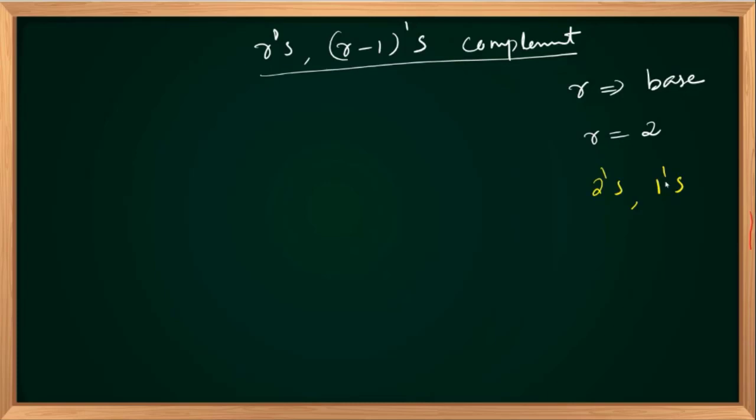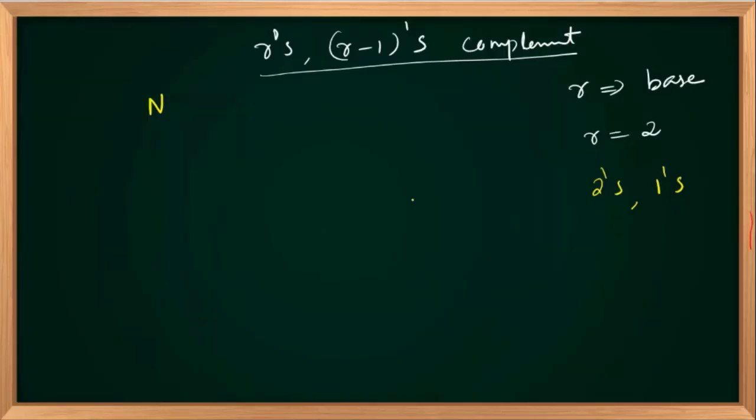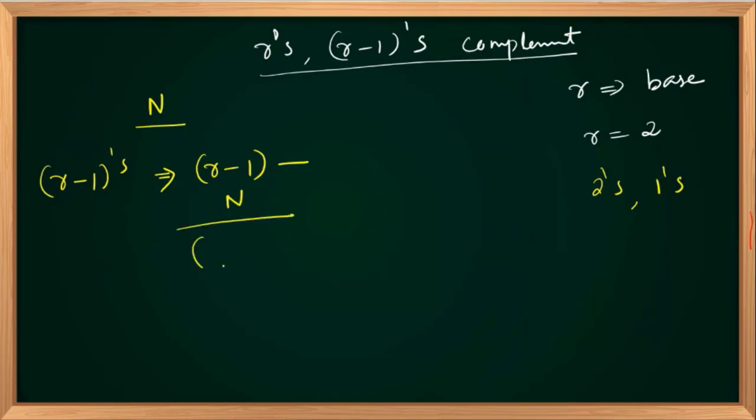So if you are trying to identify the R's or R minus 1's complement of a number N, to find the R minus 1's complement, you just write R minus 1 here, then subtract that number from that, and you will get the R minus 1's complement.